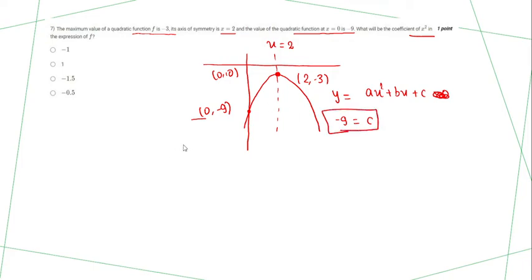Now differentiate it at x equal to 2, so its slope will be equal to 0. So 2ax plus b will be equal to 0 when x is equal to 2. That means 4a plus b will be equal to 0, and we know the value of y at x equal to 2.